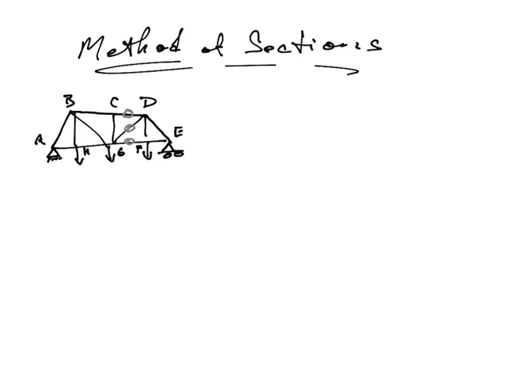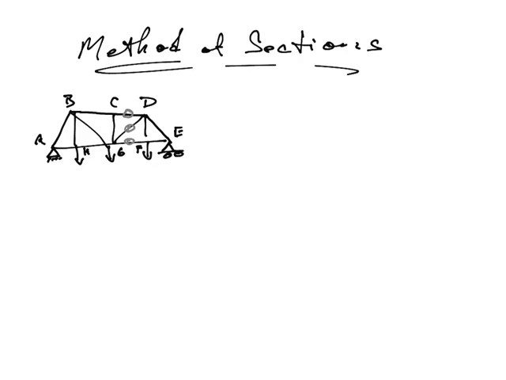Well, the method of sections allows you to find this much quicker than you would if you had to do the method of joints, because with the method of joints, you're finding the force in every single member. And so that's a lot more work. If all you care about is only 3 of the members, why are you looking for the force through all the other ones? So the method of sections allows you to solve this kind of problem much more quickly.